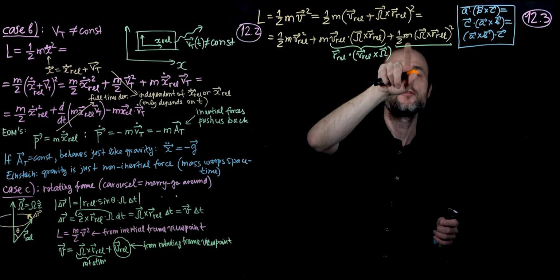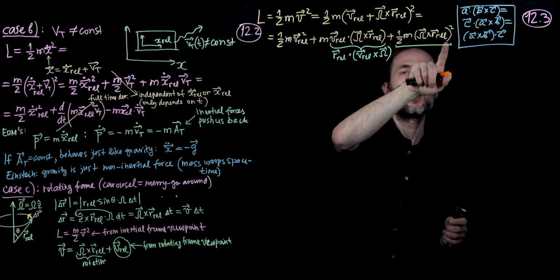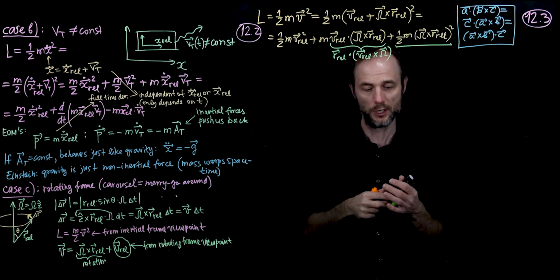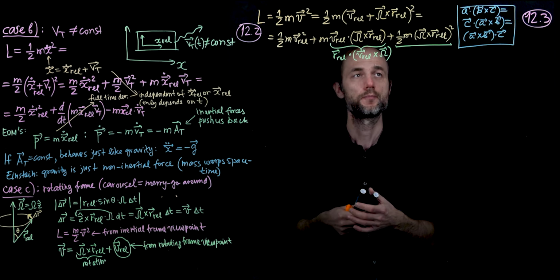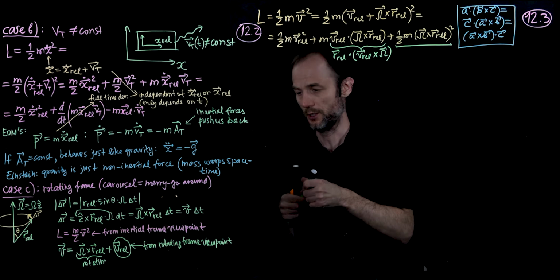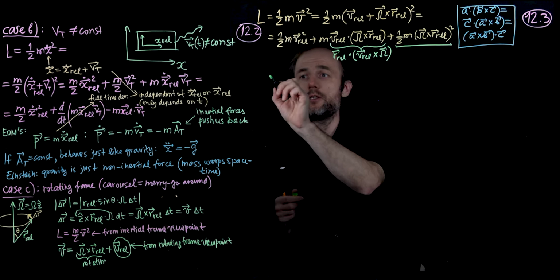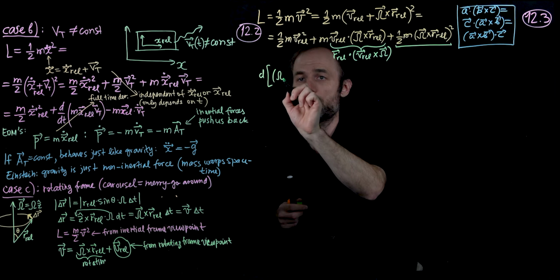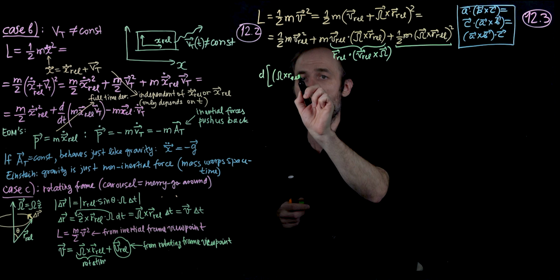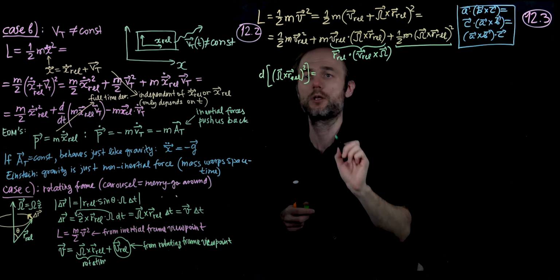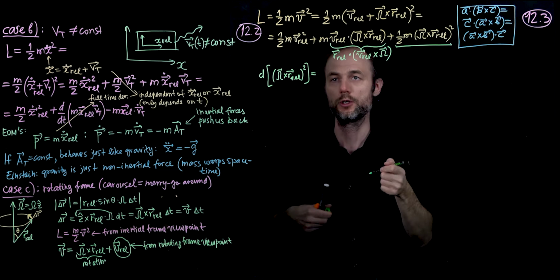For the last term, r_rel is hiding inside of the cross product and the square, so we would like to free it up. How can we do that? Let's compute what the differential of (omega cross r_rel) squared is.